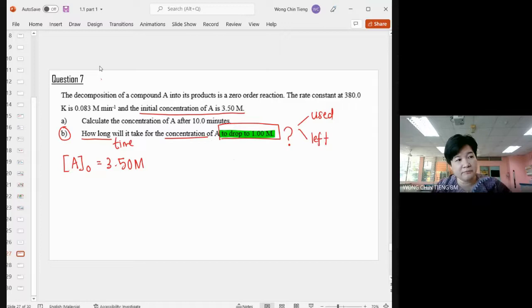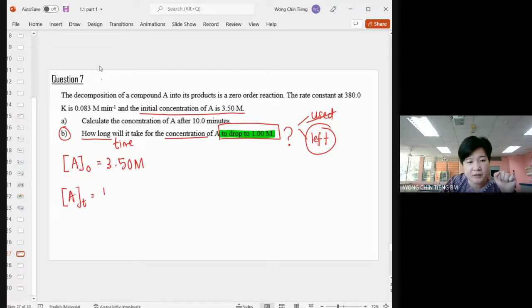Anyone? Left. Okay. Concentration of A drop to, jatuh sehingga. I use until the concentration left with 1.0. So the concentration AT is 1.0. Nampak beza?